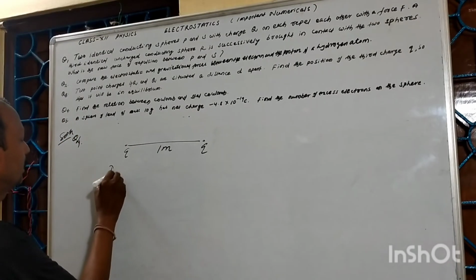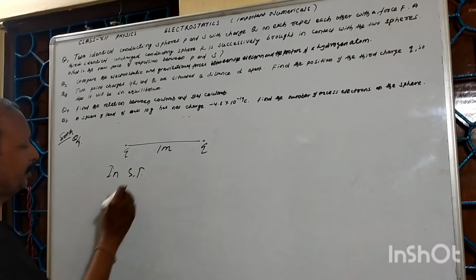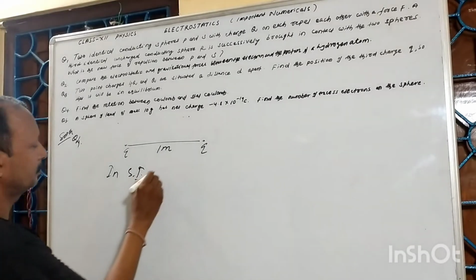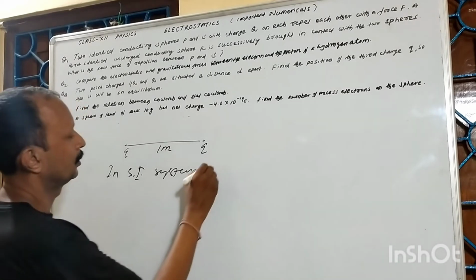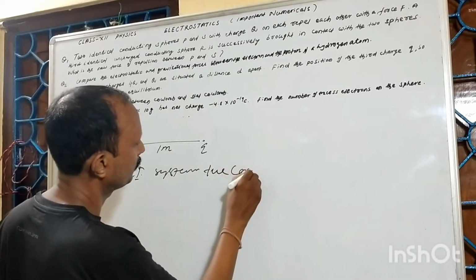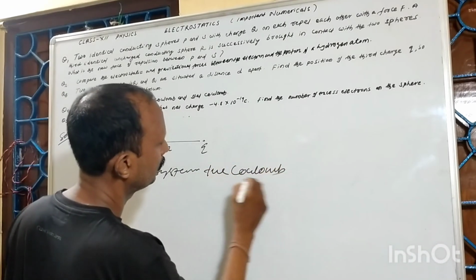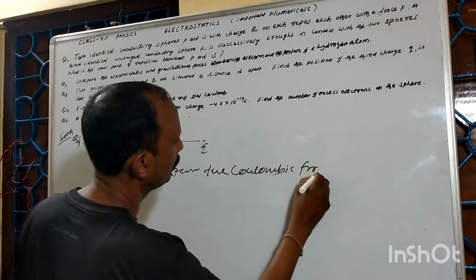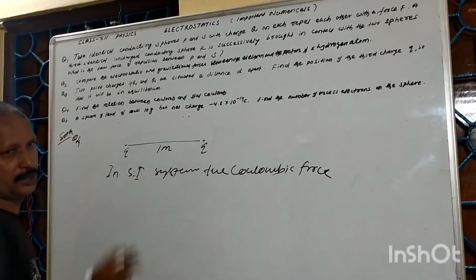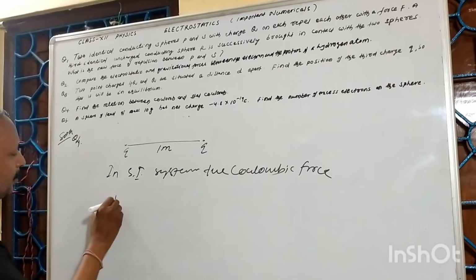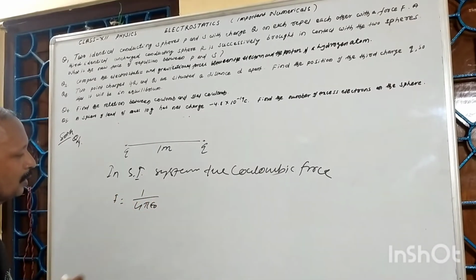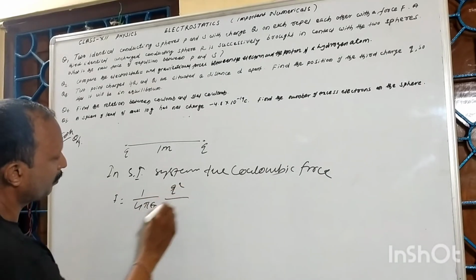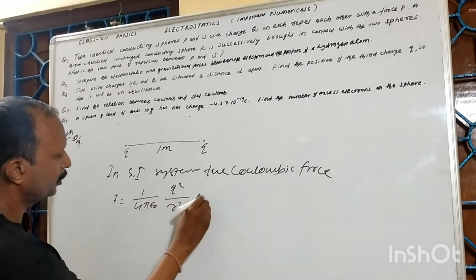In the SI system, the Coulombic force between these 2 point charges will be equal to 1 by 4 pi epsilon naught q square by r square Newton.